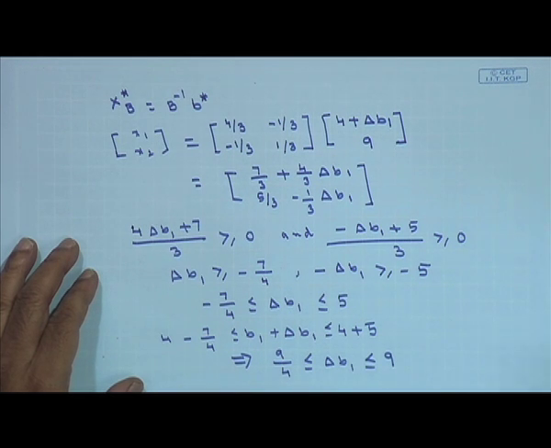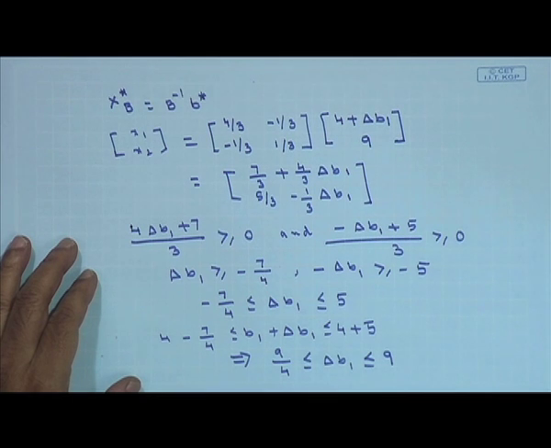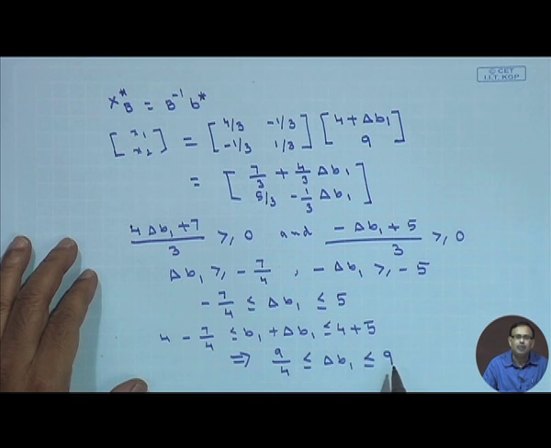So, from here it is quite clear that since the range is 9 by 4 to 9, if the value of the first resource B1 is increased from 4 units to a maximum limit of 9 units, then the optimal solution will remain the same, there will be no change.